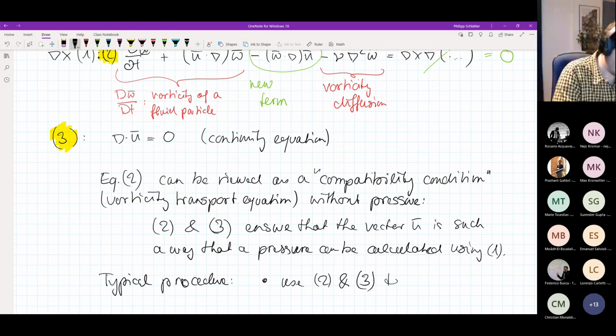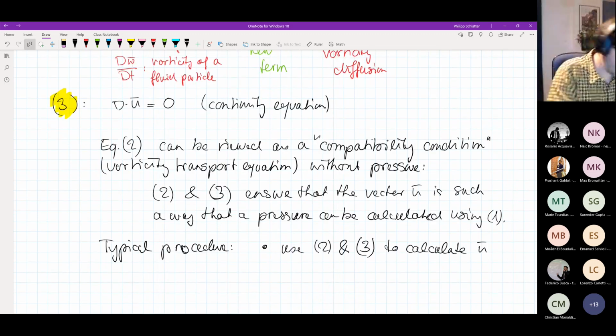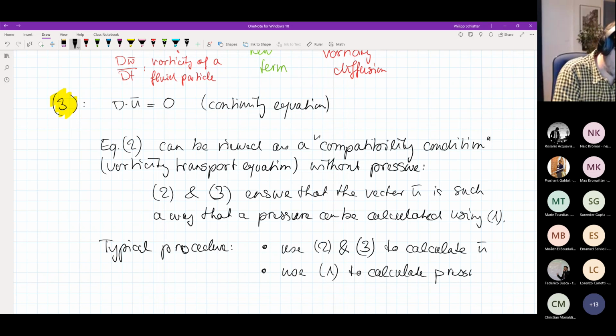You use these equations to calculate a velocity field U, and of course also a vorticity field omega. And then if you want, you can use equation number 1 to calculate a pressure field, or calculate the pressure P.